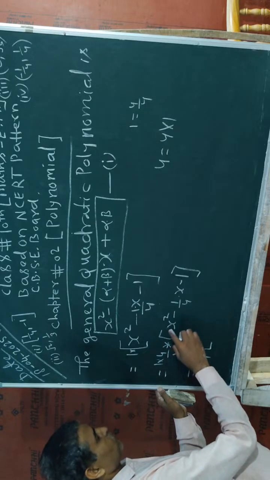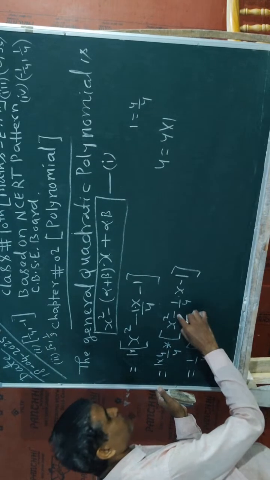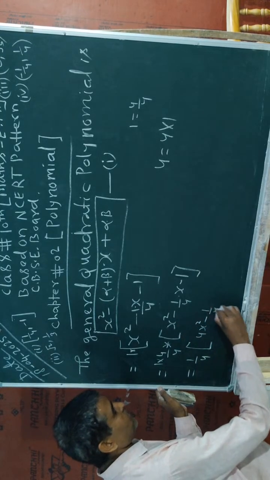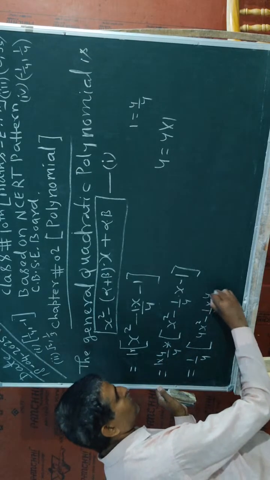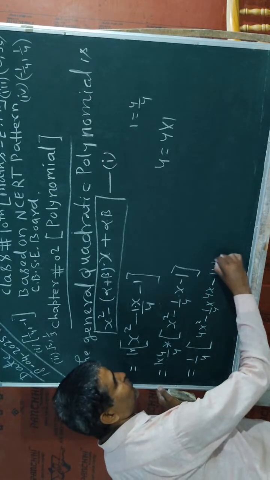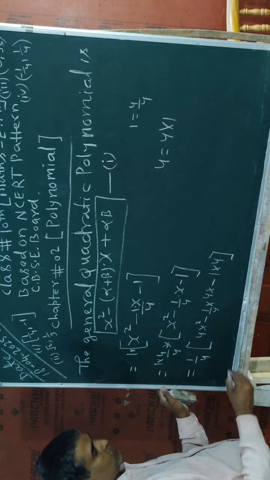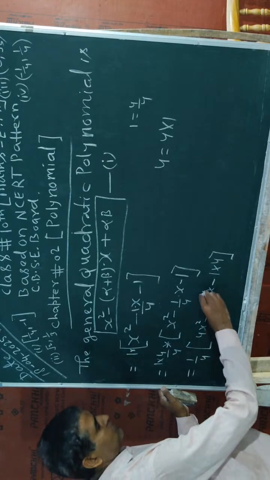So 4 into x square, I can write here 4x square. Here, with the minus sign, I will put minus 1 by 4 into 4x, that is 4x, minus here I will multiply 1 into 4. So this multiplication I can do. So this 4 and this 4 will cancel out.